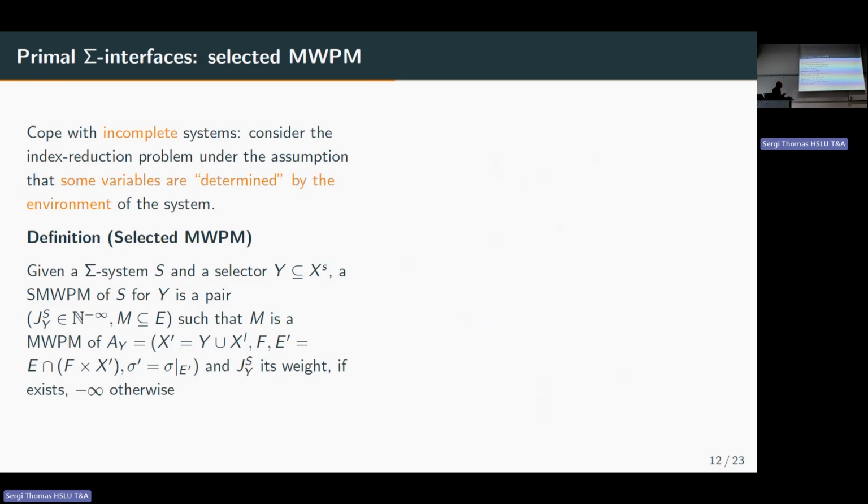The workaround is simply to make an assumption. I will select some of the shared variables to be matched locally, and for the others, I assume that they will be matched by the environment of my component. This is what I call the selected maximum weight perfect matching problem.